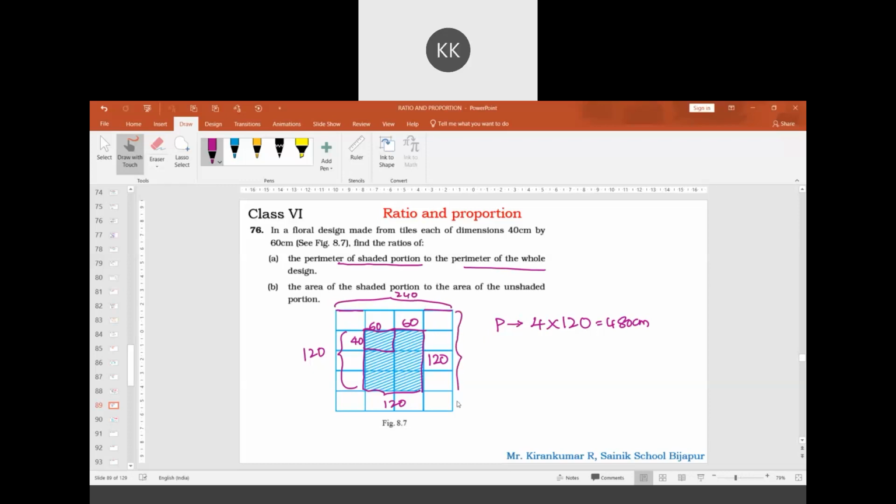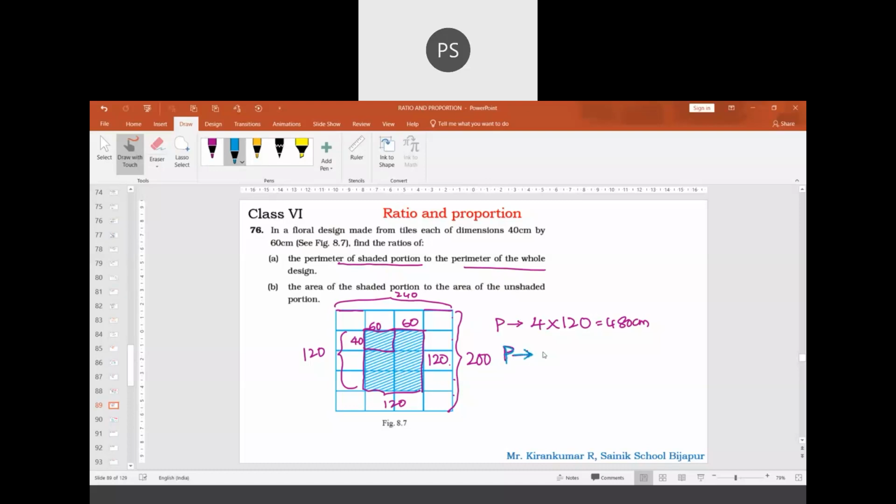How about this? 1, 2, 3, 4, 5 are there, each of 40 centimeter. So 200. So what will be this perimeter? Let me change the color of this.